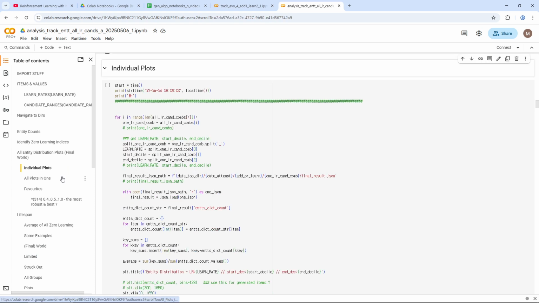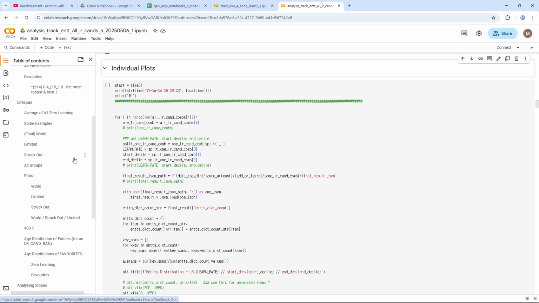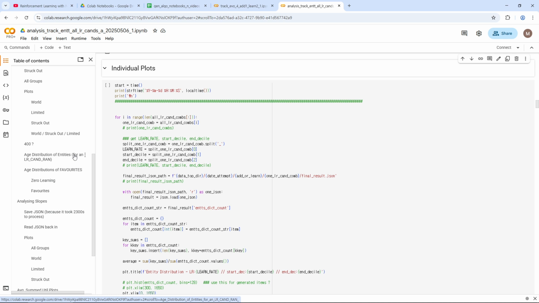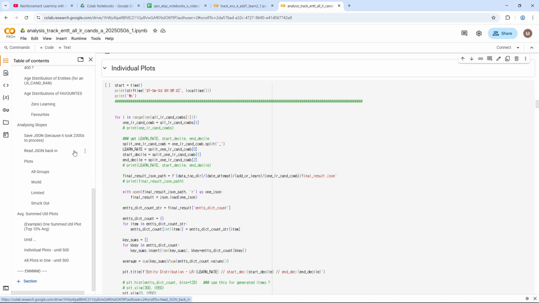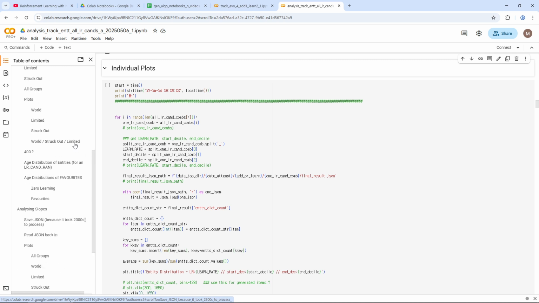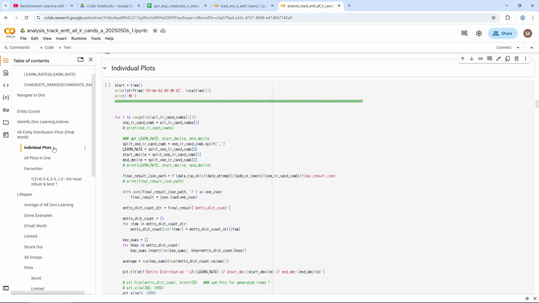I had a look at the entity distributions, the lifespans of entities, the slopes and the positive slope ratio, and the summed utility plots. Yeah, all of the good stuff.